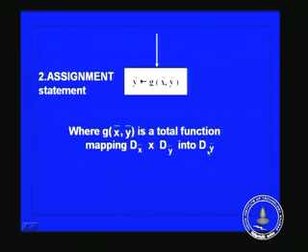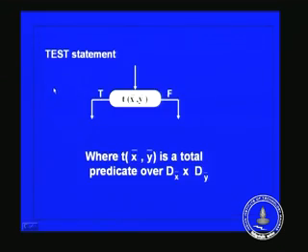So, when the program control reaches this point, depending upon the values of x bar, which is never changed, and the current value of y bar, that is, the values of the program variables y1, y2, up to yb, new values for the program variables are assigned, and this is a total function. And you have test statements.